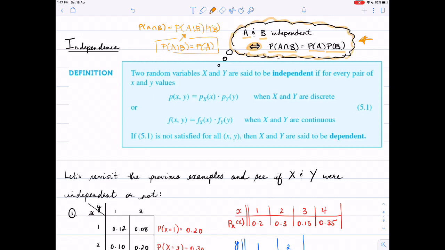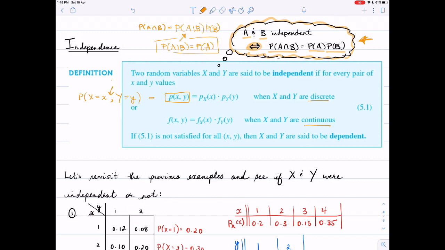And so we're going to see a direct mirroring of that law here in the discrete and in the continuous case. You have to remember this joint PMF is the probability that X is equal to x, and the comma meant "and" Y is equal to y.